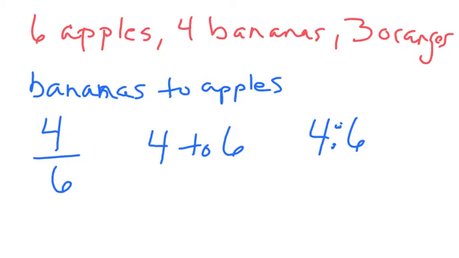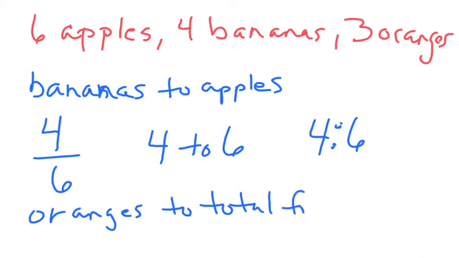Okay? What if it said the number of oranges to the total number of fruit? Oranges to total fruit. What would you do? The first thing I would do is add up all the fruit. Let's see, I got 6 apples, 4 bananas, that's 10.